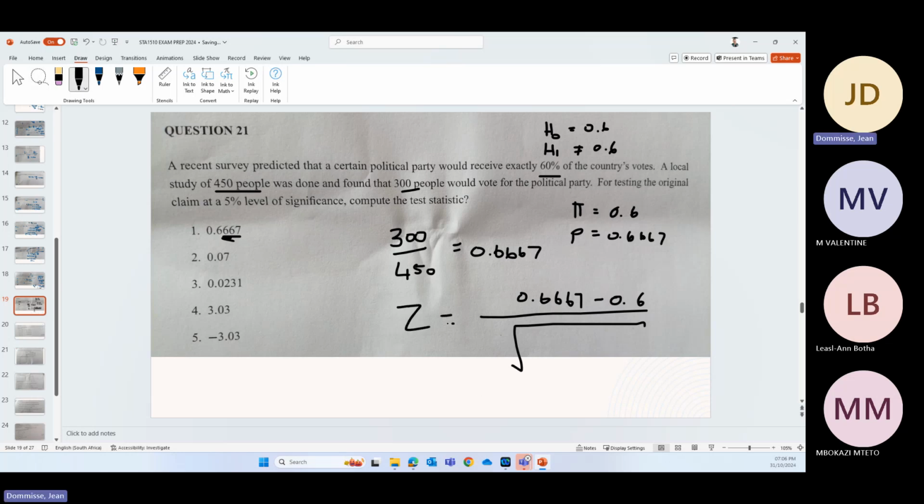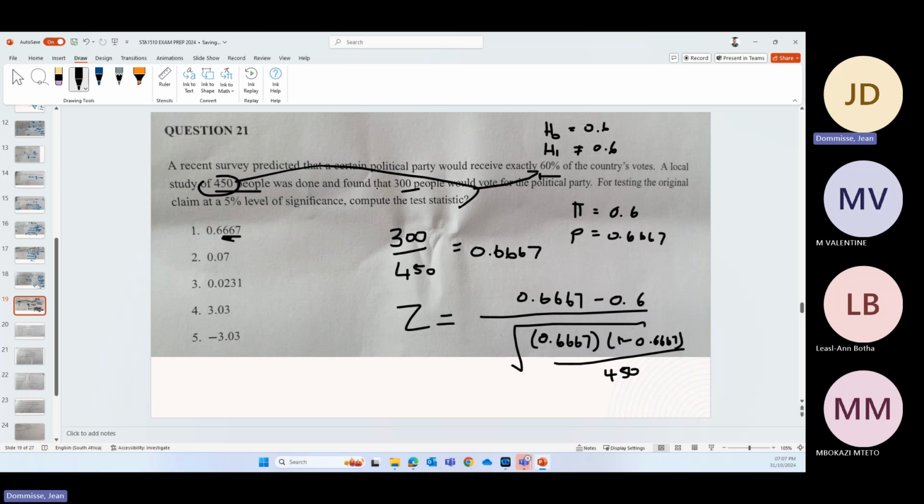We're working out the Z, but what we need to do here is one minus 0.6667, because I was worried about the sample that we're now dividing by 450, but that had no connection to that.